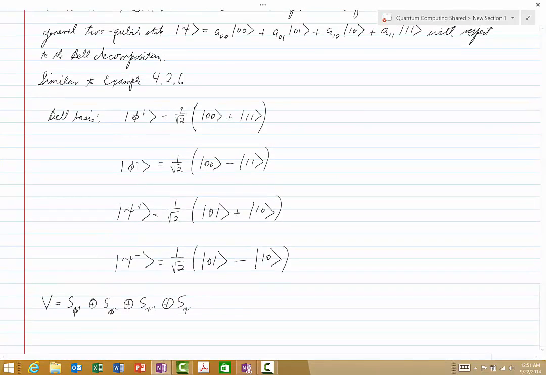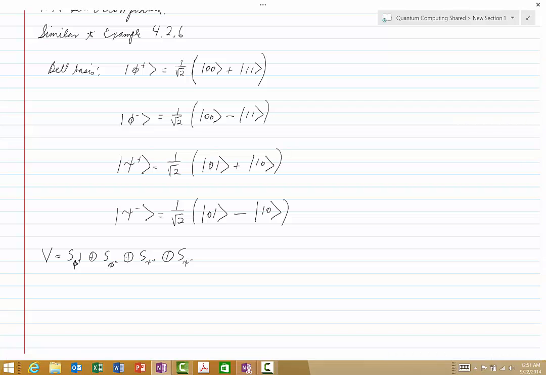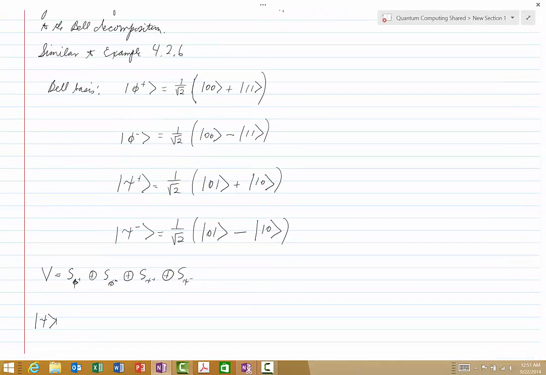If we want to follow the procedure that we had in our previous problems, we would like to write psi in terms of these vectors.